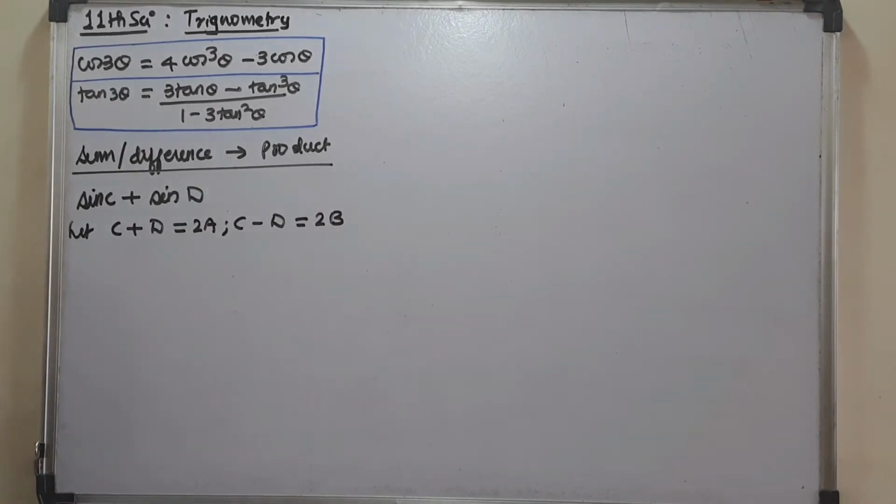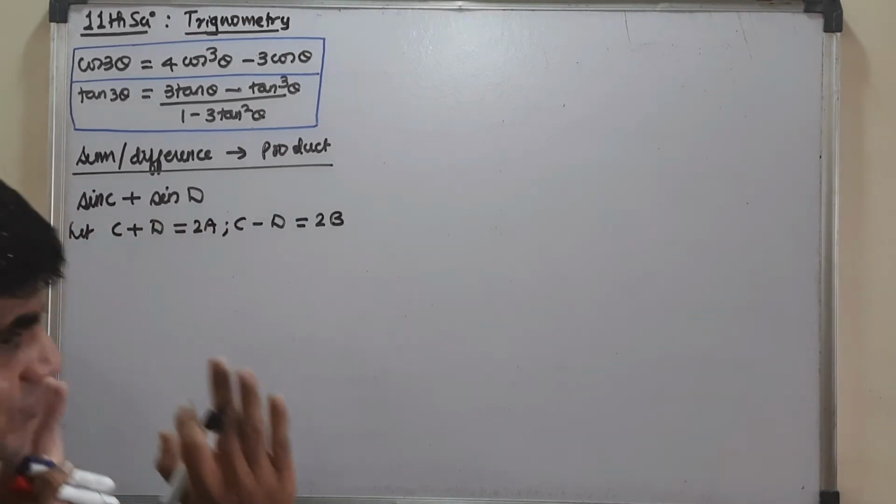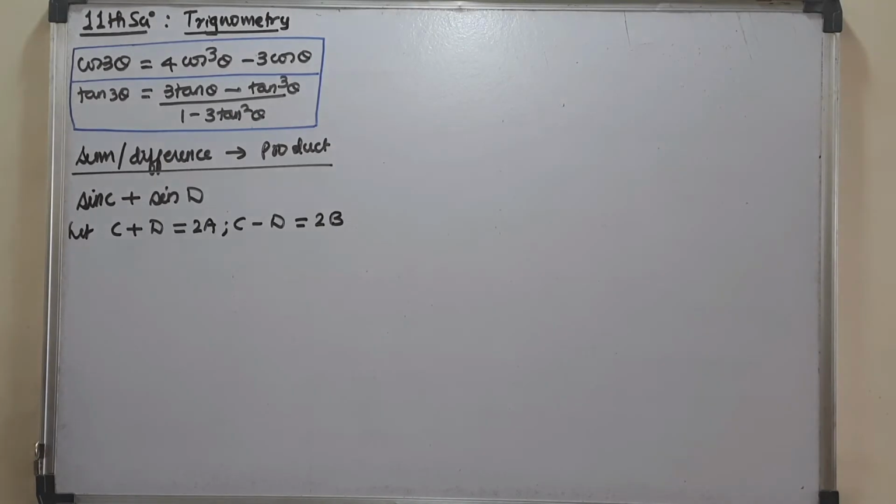Once you get this, how do I interlink this? I want to link it also. The way to link is that either I add them or subtract them.